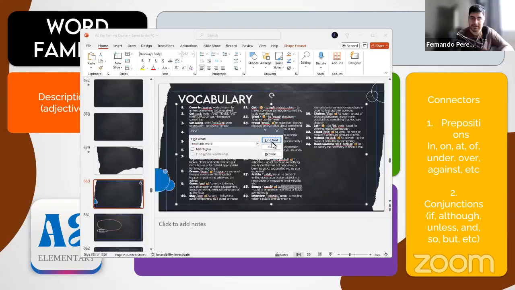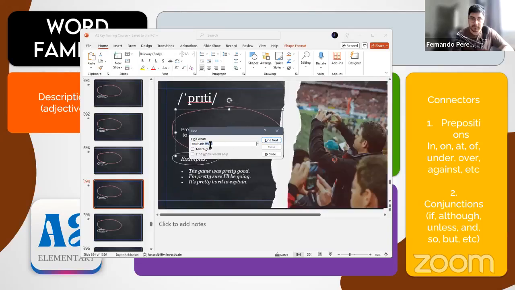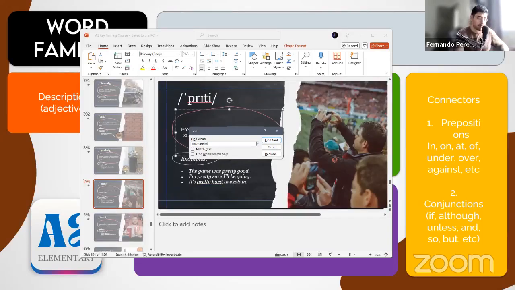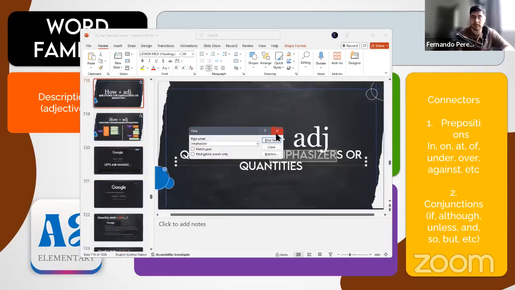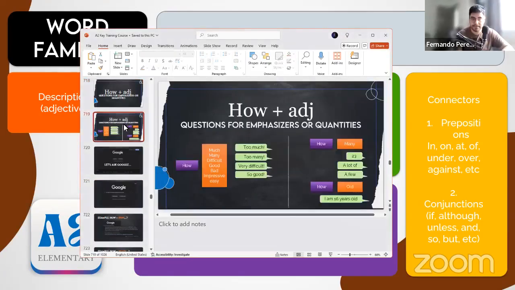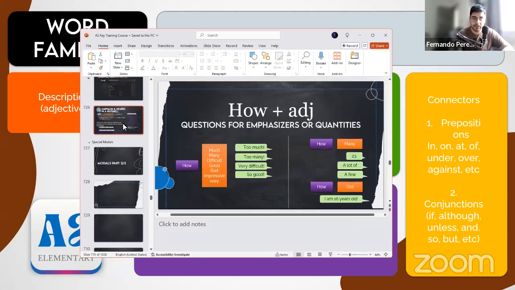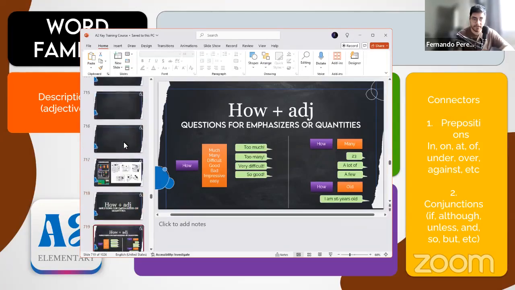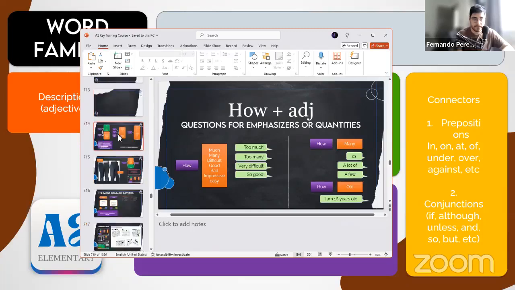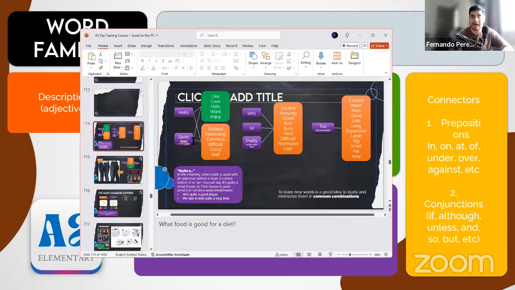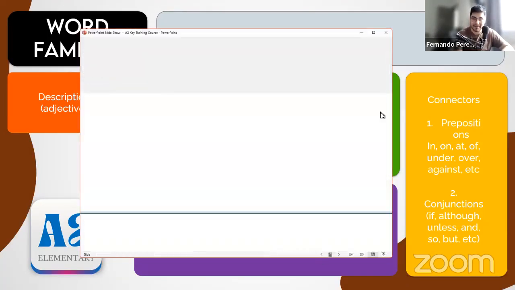just. We also saw just. Emphasizer. We saw the word how. Quite.